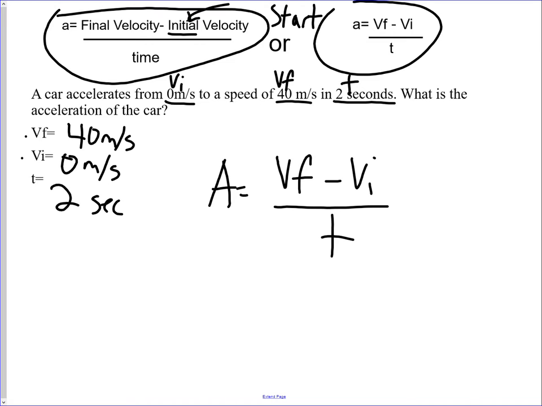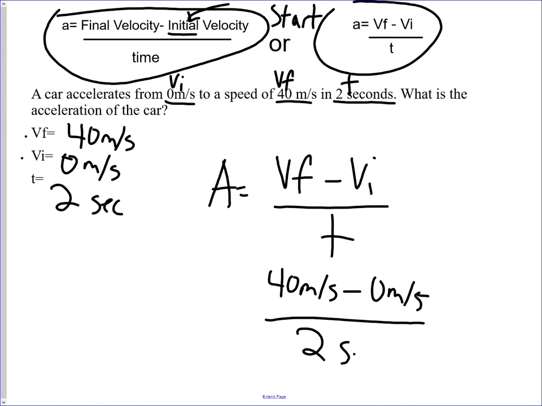As we plug it in, our final velocity is 40 meters per second minus our initial velocity, which is 0 meters per second, and all of that is divided by T, which is 2 seconds. First I'm going to subtract: what's 40 minus 0? That's just 40.